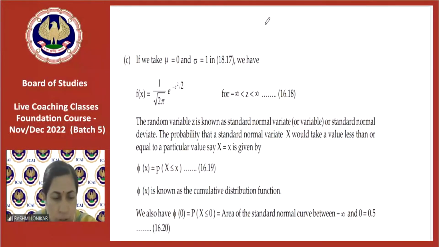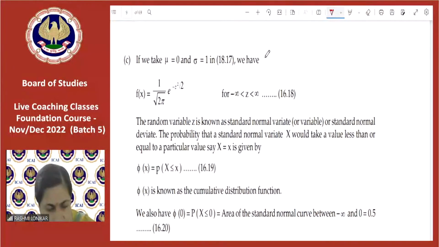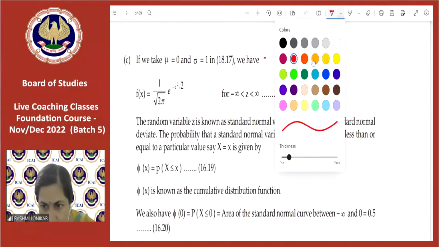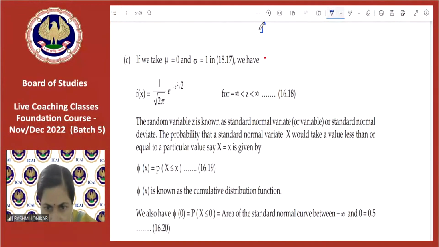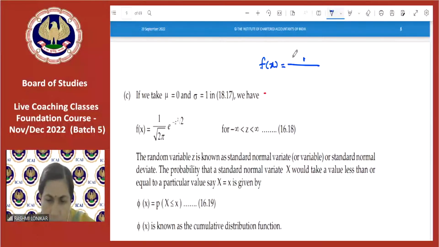Okay. So, once again, we'll write down the formula. f(x) is given by 1 upon sigma square root of 2 pi into e raised to minus (x minus mu) whole square upon 2 sigma square.